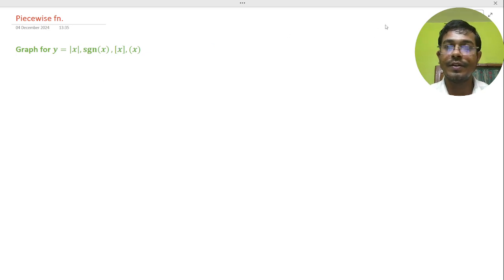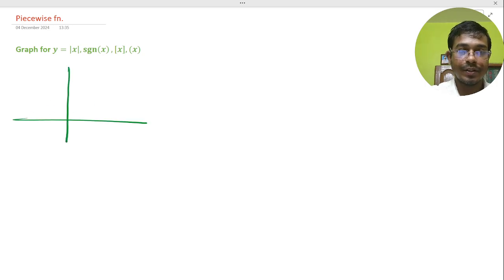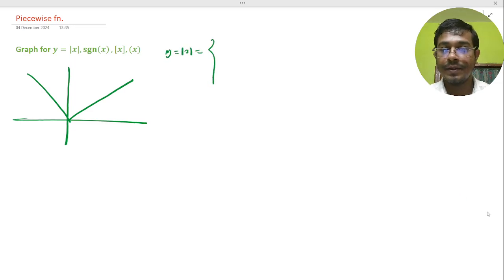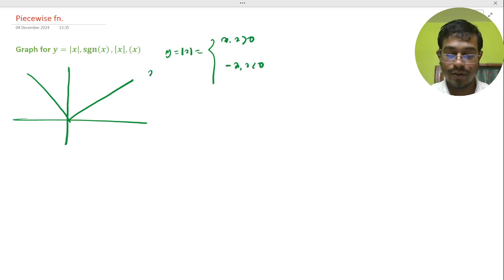So the first one is y equal to mod x, basically this one, and this one is mod x plus x, and we have the definition y equal to mod x is basically x where x greater than 0, minus x where x less than 0, and this is for plus x and this is for minus x, this is the y axis and origin and the x. So its range belongs to 0 to infinity.